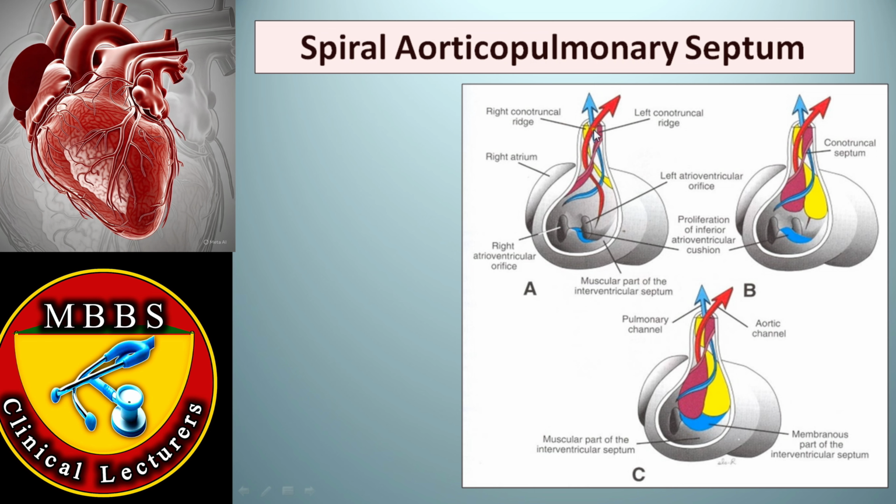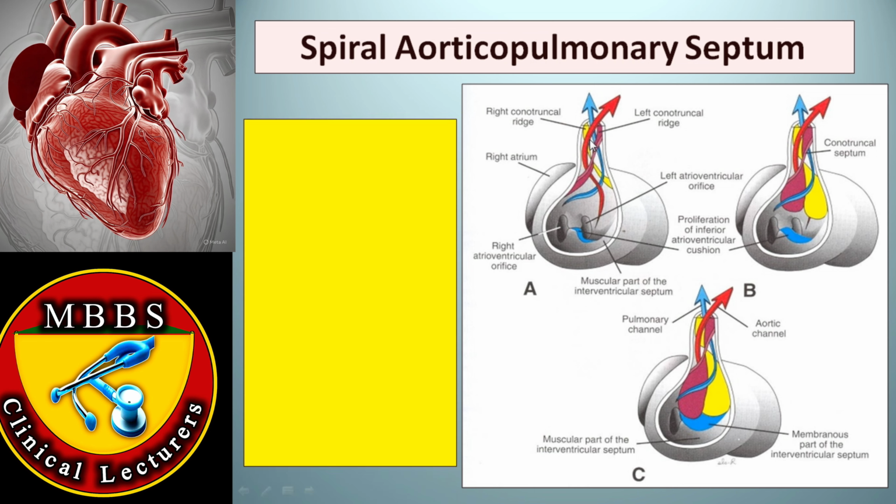So the spiral ridges arise, and these ridges are the conotruncal ridges or the conotruncal septums, and they bulge out and rotate in a 180-degree type of spiral proliferation to give a spiral outflow tract from the right ventricle towards the pulmonary trunk and from the left ventricle to the aorta.